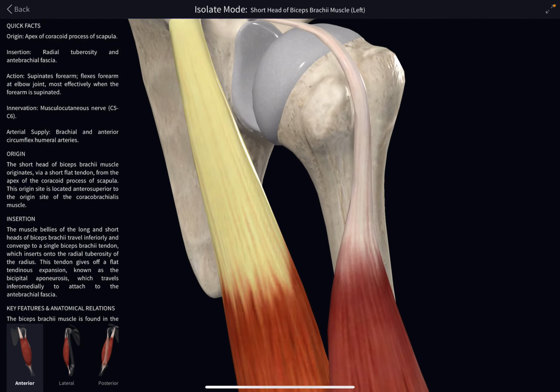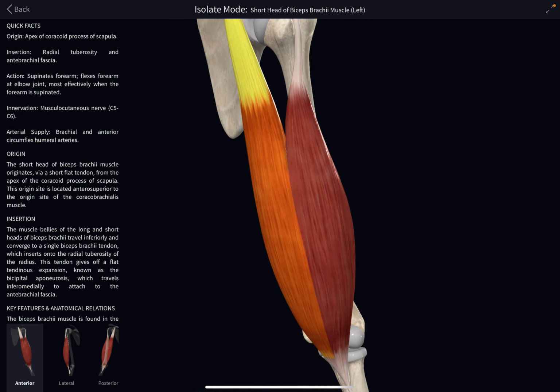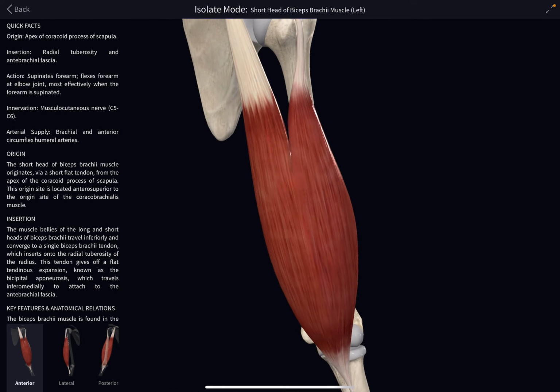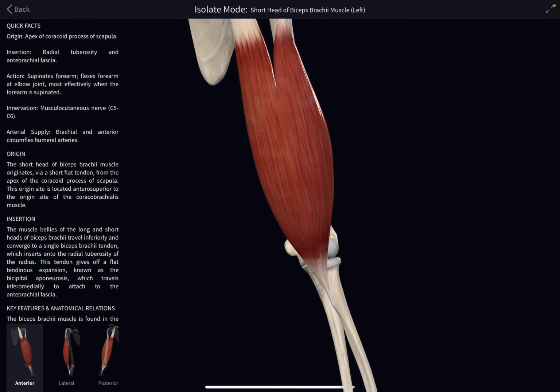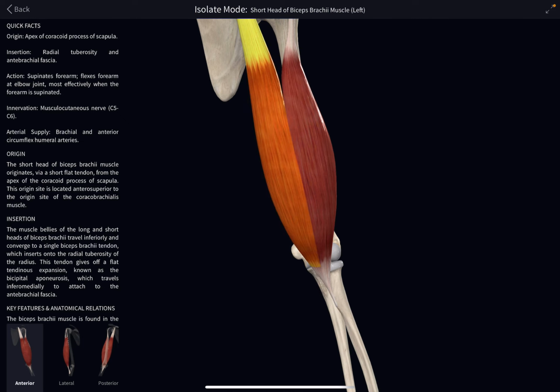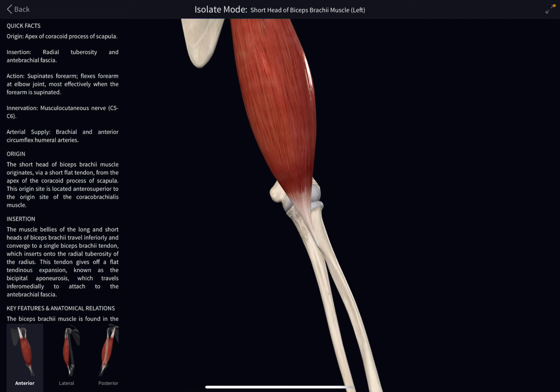Now both these heads unite to form a fusiform shaped muscle belly. They usually join about 7 centimeters above the elbow joint. They completely fuse about 7 centimeters above the elbow joint, and then after the belly they form a flat tendon, and this tendon passes further down for insertion.